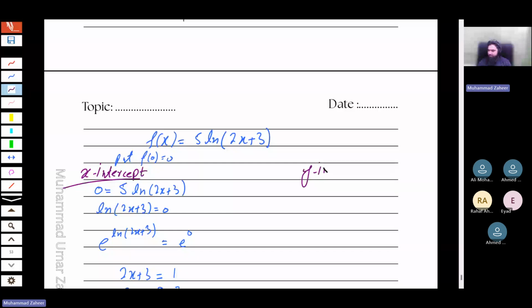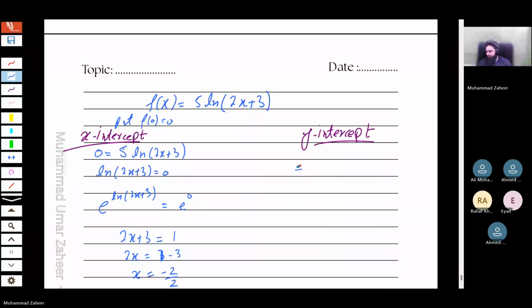Let's find the y-intercept. For the y-intercept, we have to substitute x is equal to 0. So it will be 5 natural log of 3. So this is the value on the y-axis.